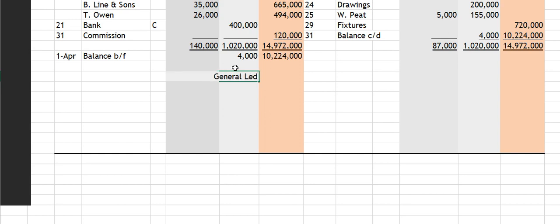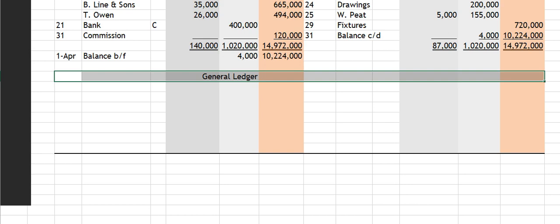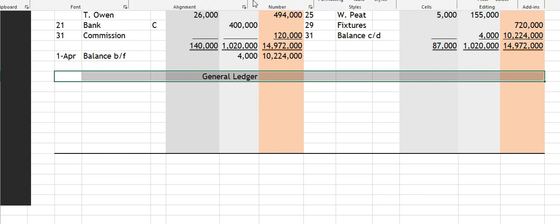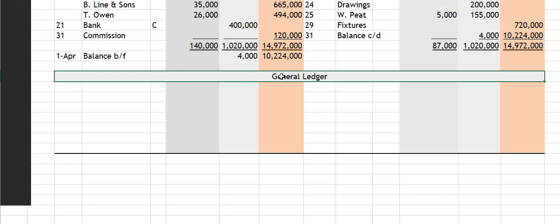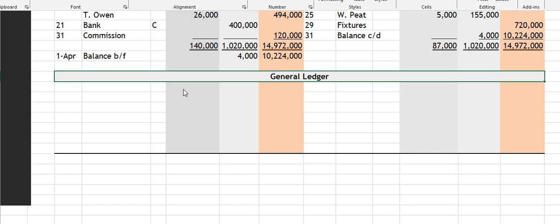In the general ledger, you'll find there are different accounts other than accounts of customers and suppliers. So the other accounts for expenses, accounts for incomes, assets, liabilities, you will find them in the general ledger.